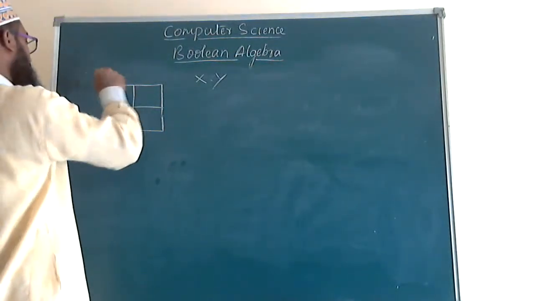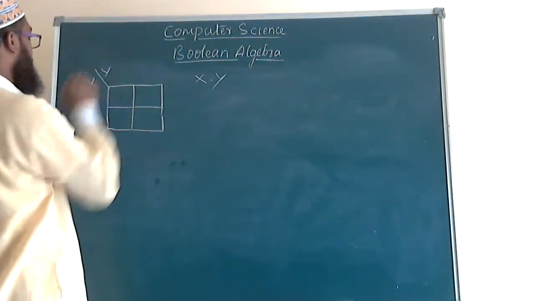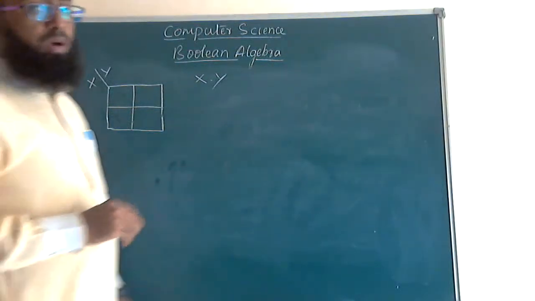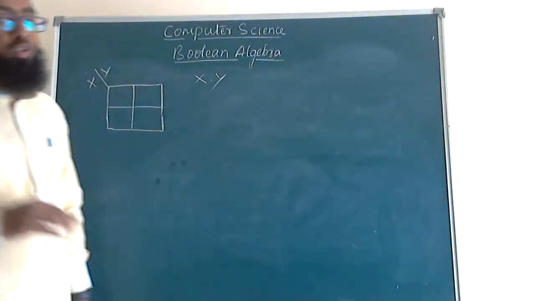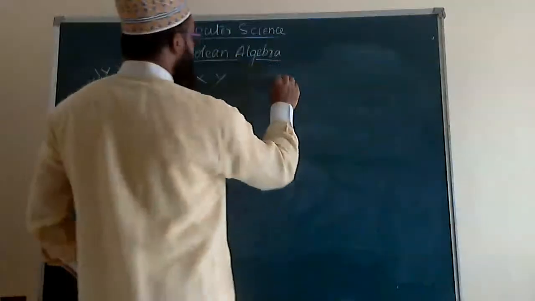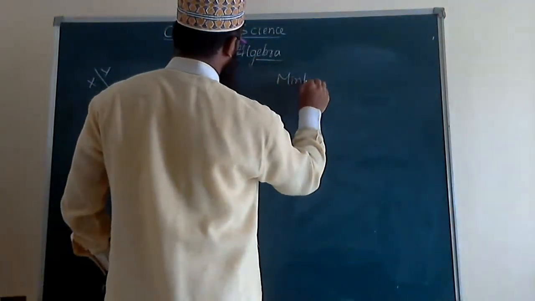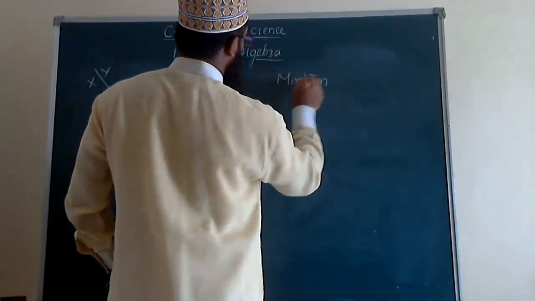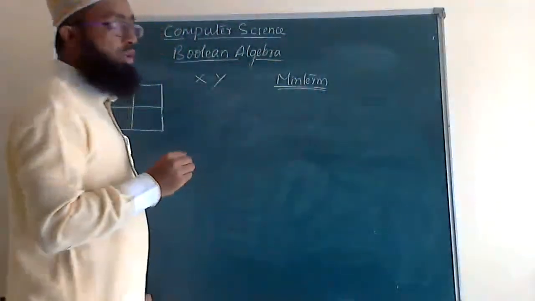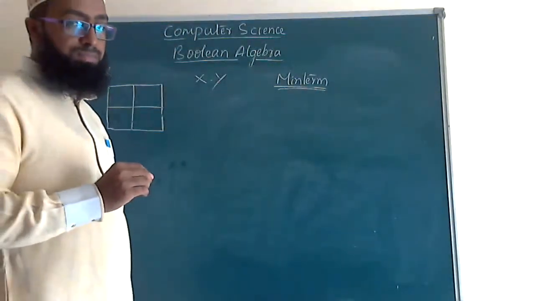Now I will take x this side and y this side. So, what is the rule for the min term? We are solving min terms.